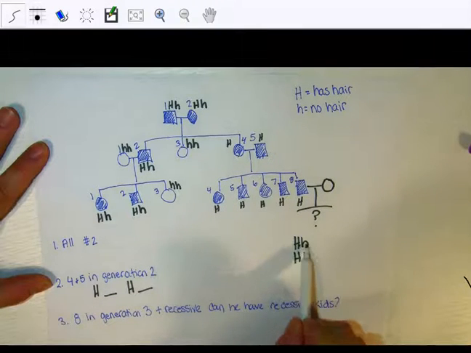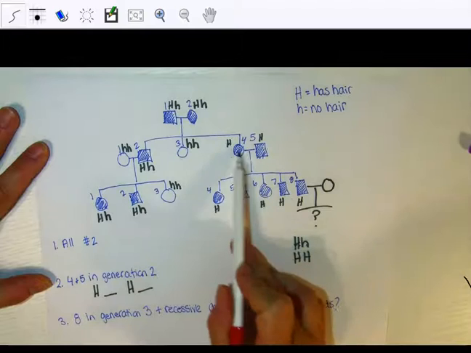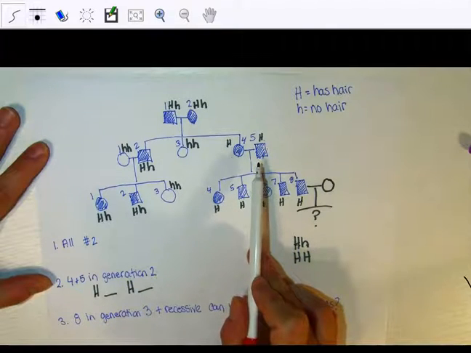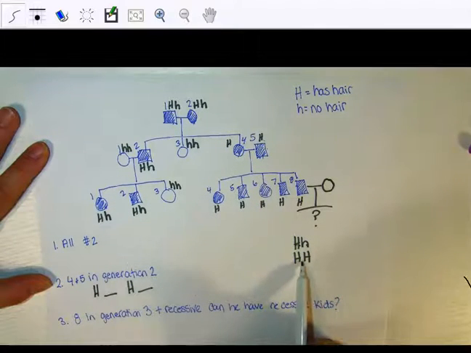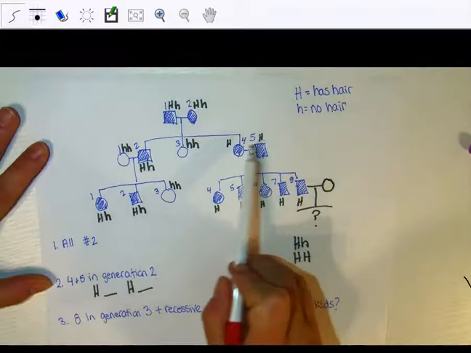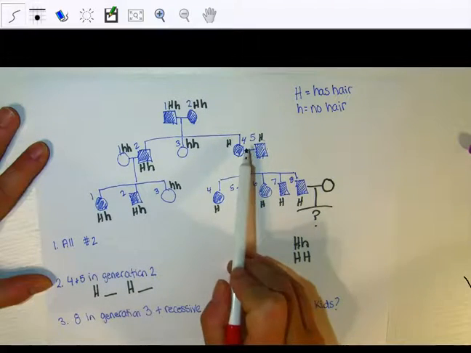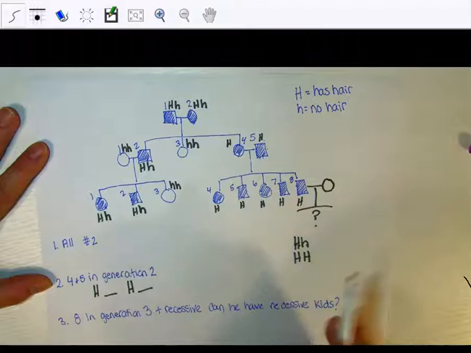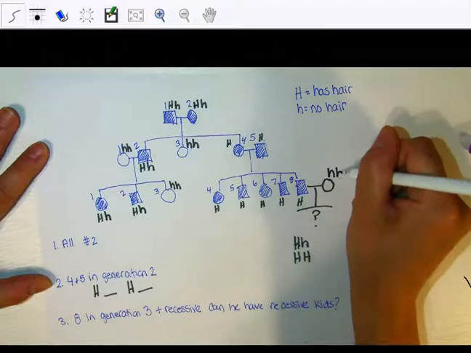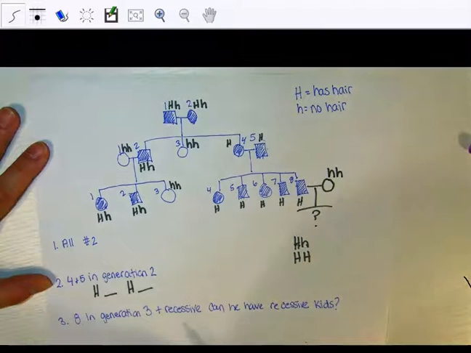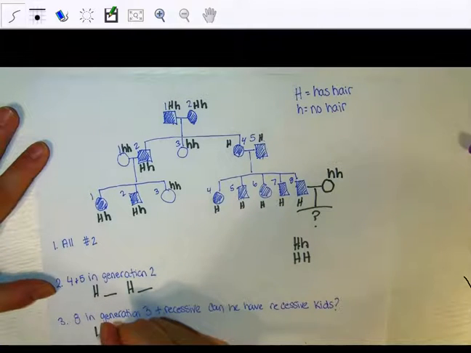If he's this, that means one of his parents had a little h. If he's this, that means both of his parents were dominant on both alleles. We would know the person he's having a baby with is recessive.